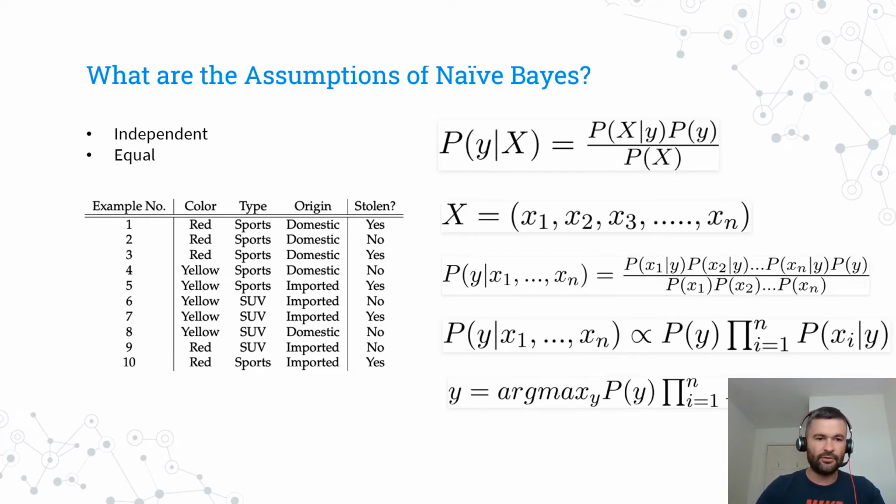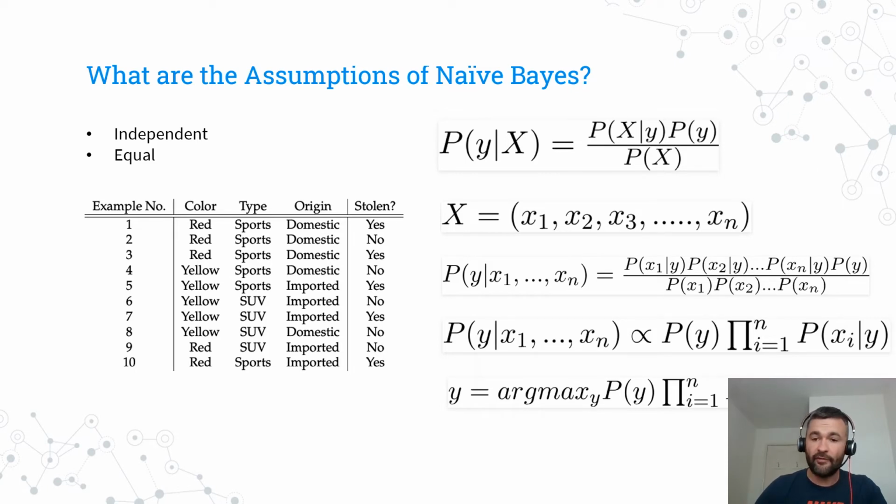So, according to this example, Bayes' theorem can be rewritten as the first equation you can see on screen on the right. The variable y is the class variable, which represents if the car is stolen or not, given the conditions, and variable x represents the parameters or features contained within the dataset.